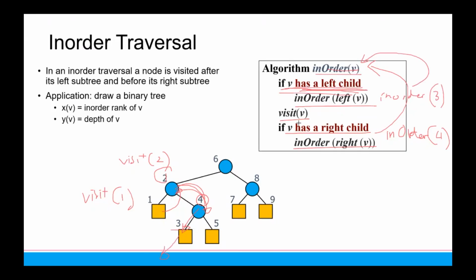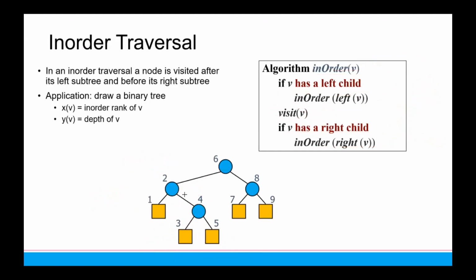No. Then we visit V, so we visit 3. Does V have a right child? No. Then stop. So we go back to the previous node, which will visit V and check, is there any right child? Yes, right child. So this is 5 and so on. So we do it node by node, and the steps are like this: 1, then 2, then 3, then 4, then 5, then 6, 7, 8 and 9. So this is the in order traversal.